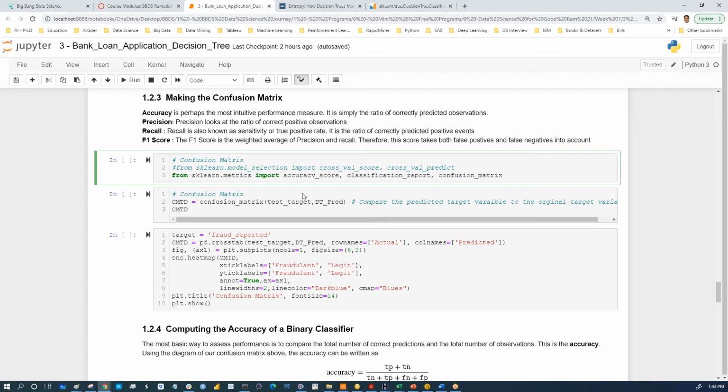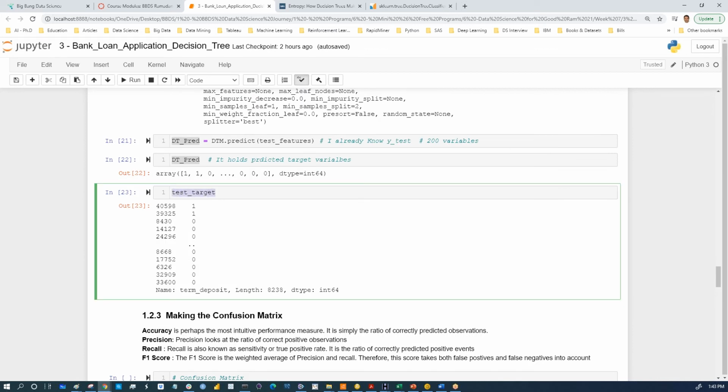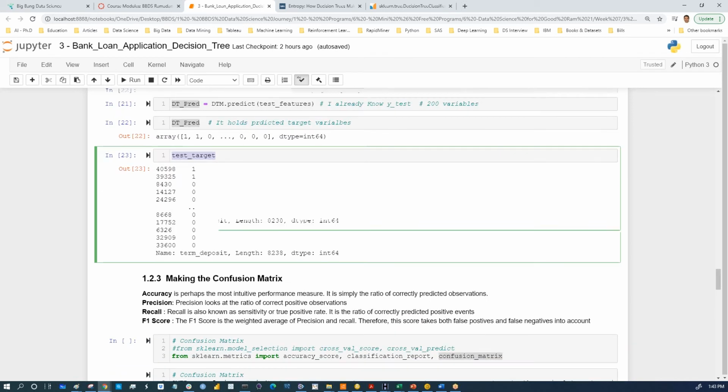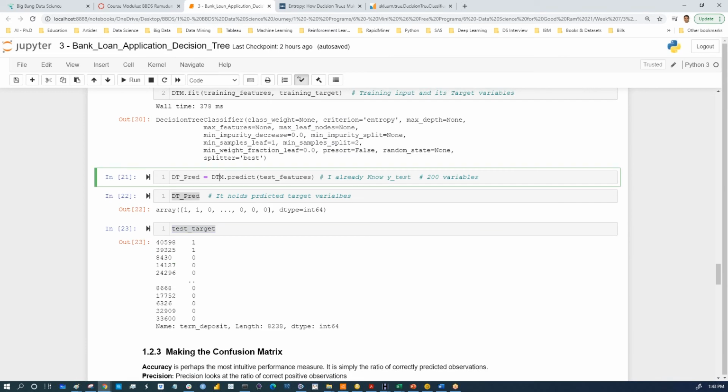What do we need to feed into confusion matrix? We need to feed two things. A confusion matrix is a comparison table, a cross table comparing two things: the target variable and the predicted target variable. The target variable of the 20% test data and the predicted also 20%.